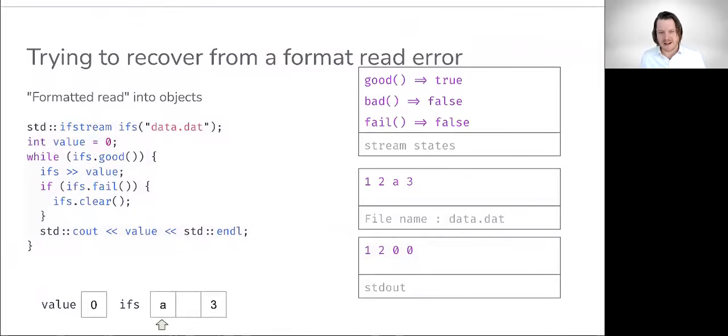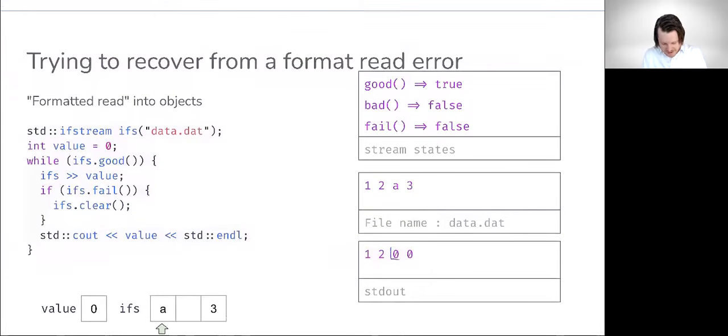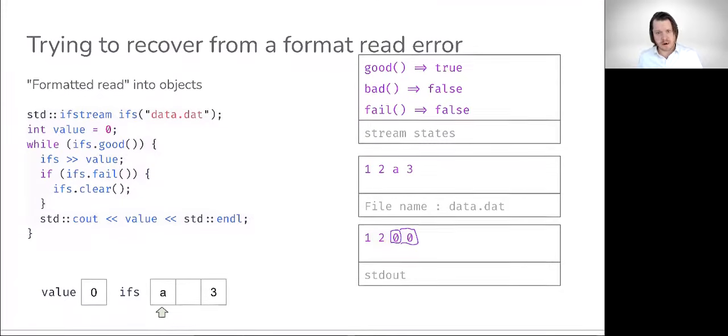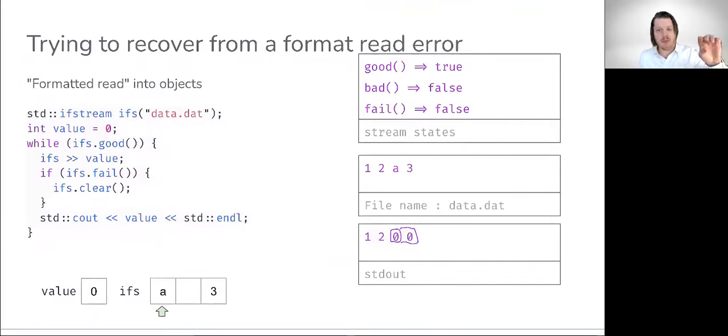And at this point, you can see here, we're starting to get into an infinite loop with zeros just being repeatedly written out to standard output. So this would continue forever because the extraction operator is still latched onto that character. And each time we're simply resetting the state of the stream, which means we'll get into the while body again, we'll fail, we'll reset the stream, and this process is endless.